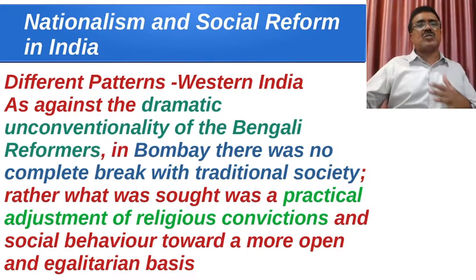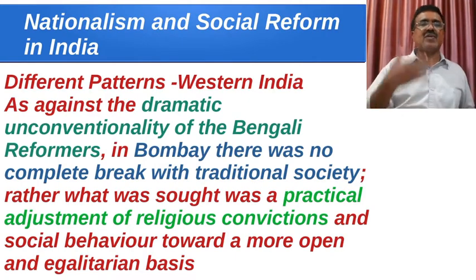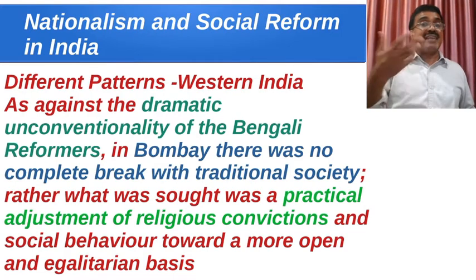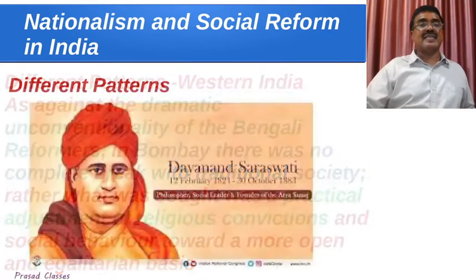A piecemeal approach was followed there. Rather, what was sought was a practical adjustment of religious conviction and social behavior towards a more open, egalitarian basis. A slower sort of change, a small type of governmental intervention, and convincing the society, slowly changing. That was what the initial Western reformers aimed at. Later on, we have another strand that we will discuss later.